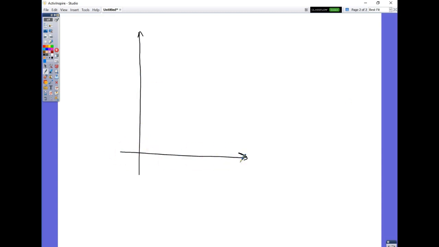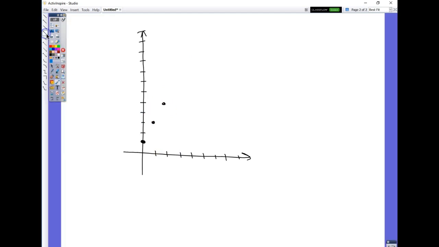And that line happens to be y equals 2x plus 1.